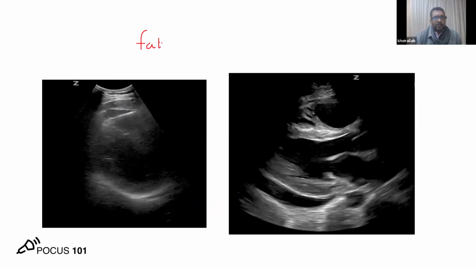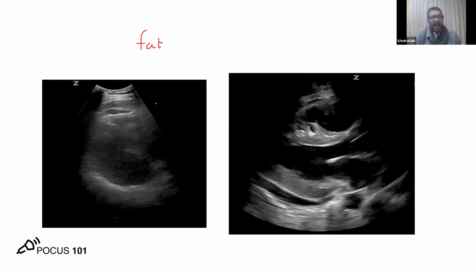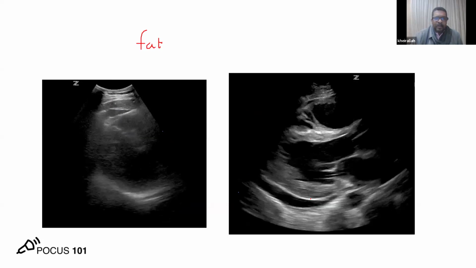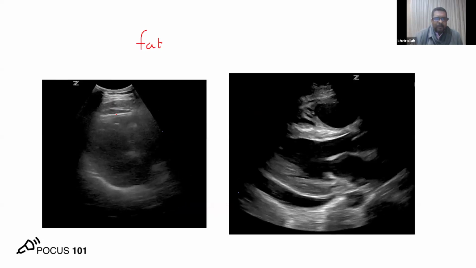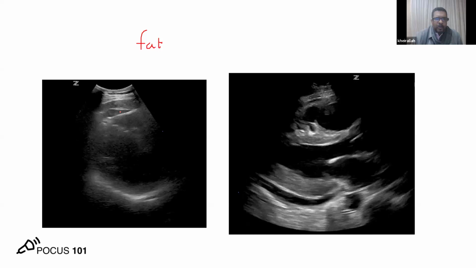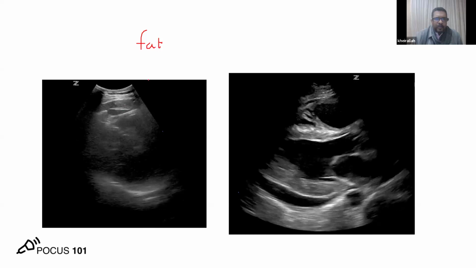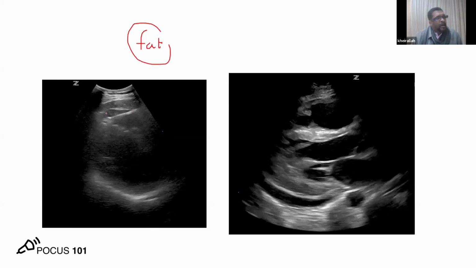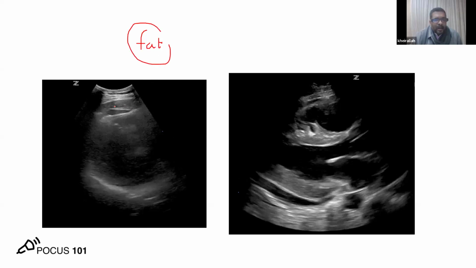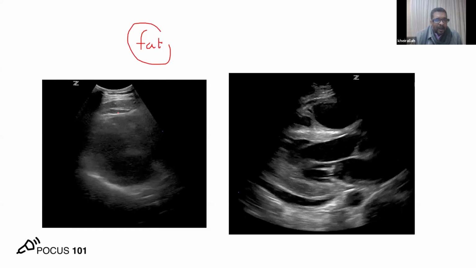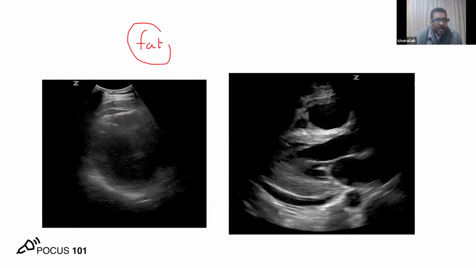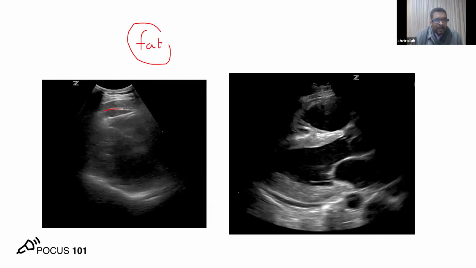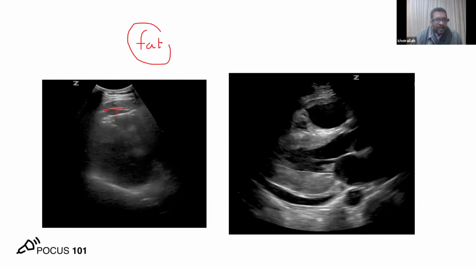So sometimes fat might just look like fluid. That's why you have to know how to distinguish between the two. And it's not uncommon to see fat around the heart. In fact, there are two pools of fat pad around the heart. One is immediately overlying the heart up until the pericardium, and this is called epicardial fat.